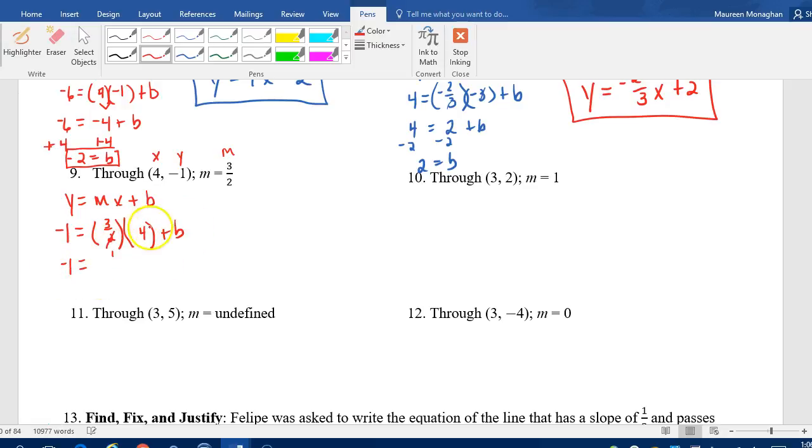It's a 6, so 6 plus b, minus 6 on both sides, -7 equals b. So b equals -7. You've got your two pieces. Our equation is y equals -7x. Oh, kidding. That's a b. My bad.